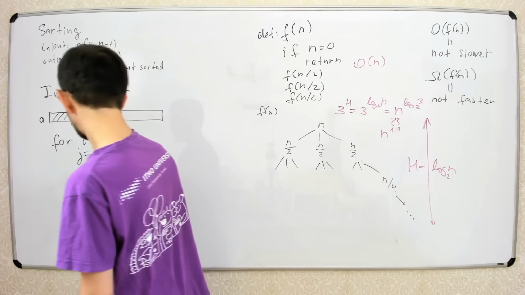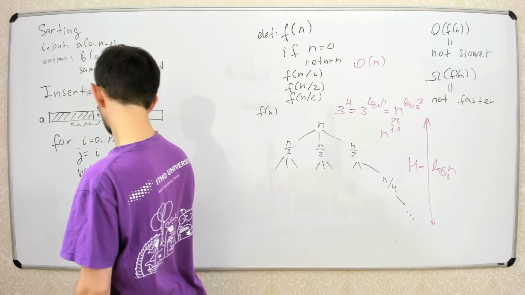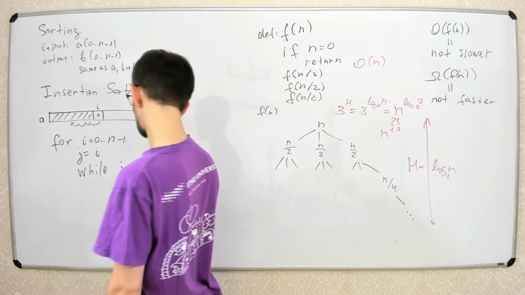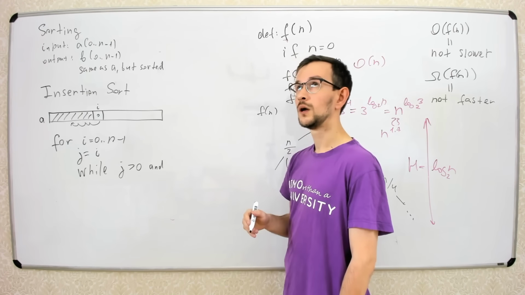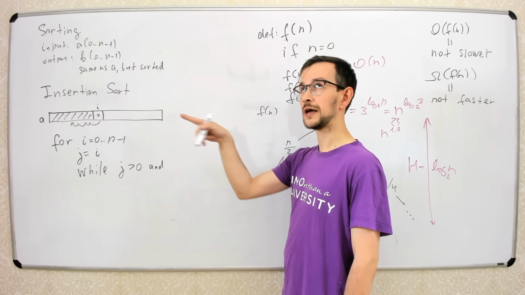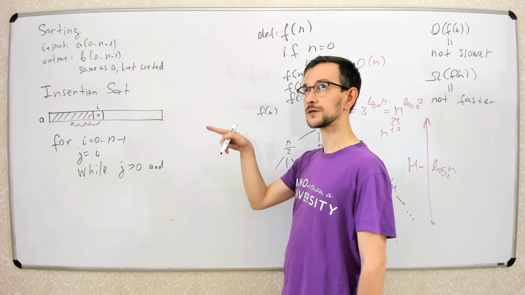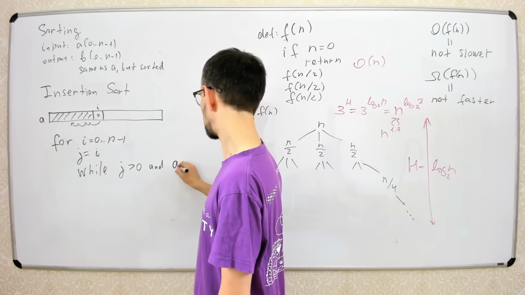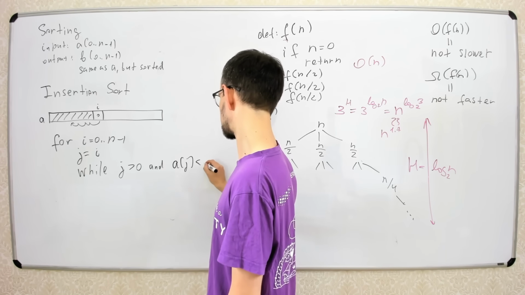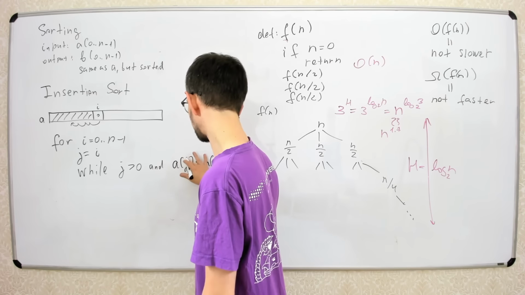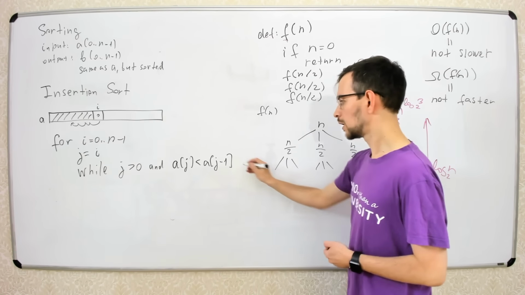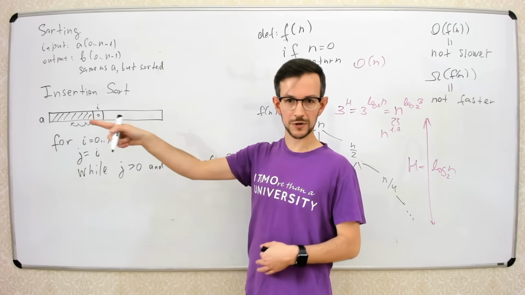So while j is greater than 0, and this element is less than the element to the left, we will move this element one position to the left.